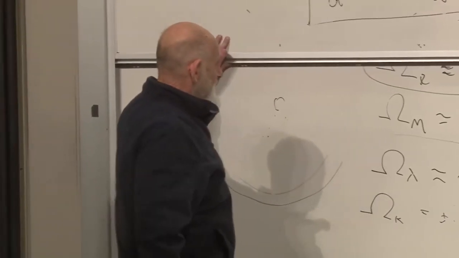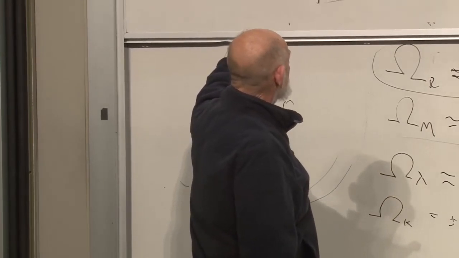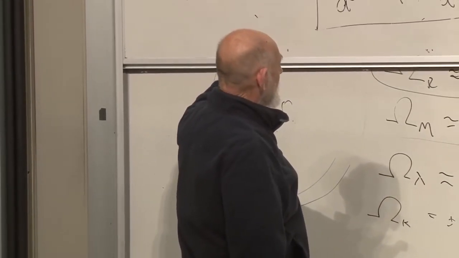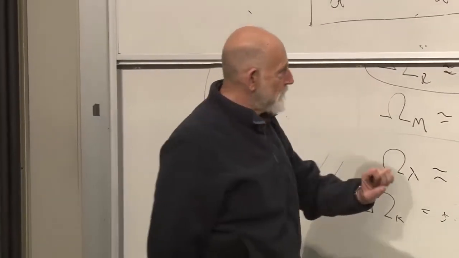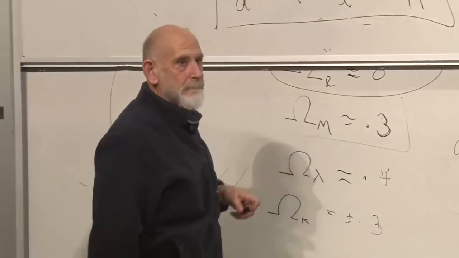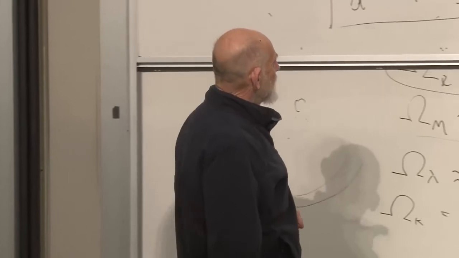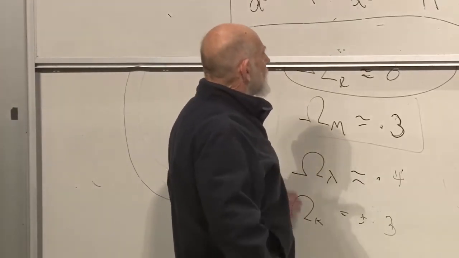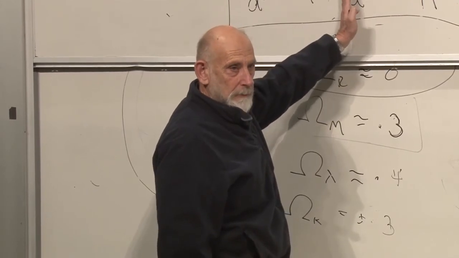K over A squared has to have the same dimensions as H squared. That's right. The speed of light is equal to 1. Apart from the speed of light, that's correct. Oh, I see. So there's a C in it. There are some squared C's in there. But get used to working with speed of light equal to 1, and then this is dimensionally correct.